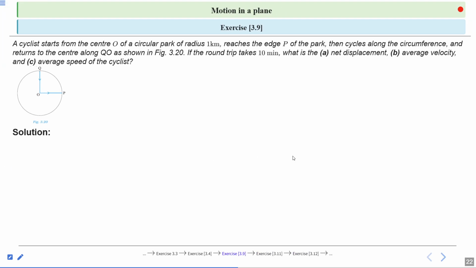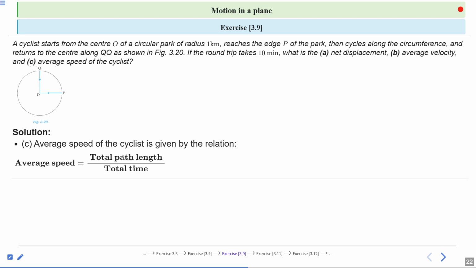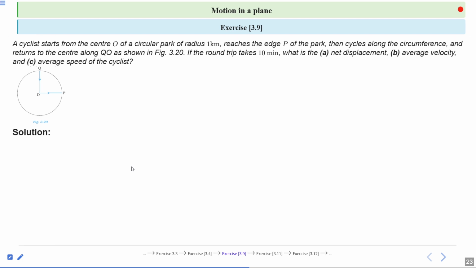Now if we talk about the average speed of the cyclist, the average speed is given by the relation: average speed equal to total path length divided by total time. So total path length is equal to OP plus PQ plus OQ, or we can say QO.